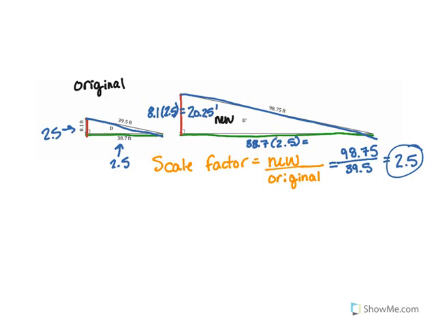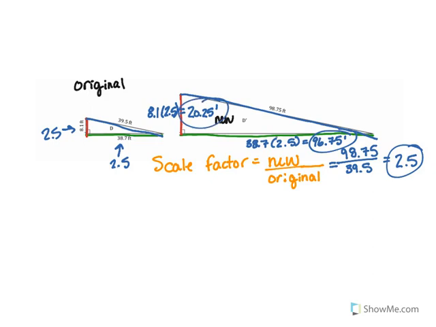The next one is 38.7 times 2.5, and we get 96.75 feet. So those are your missing sides and your scale factor.